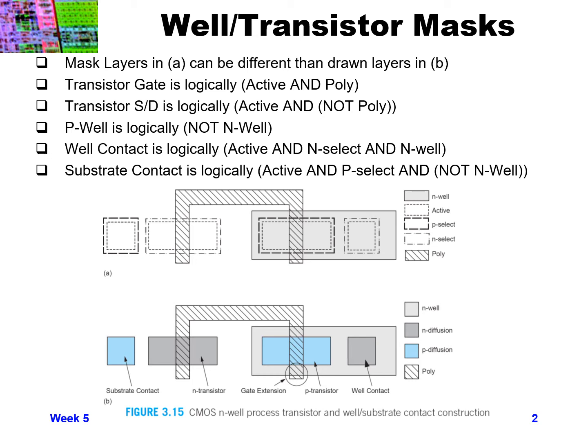So below in the figure, it's showing the mask layers that will get generated in A, whereas B shows the actual layers that you draw for your layout. You can see here that in your layout you might draw an N-well, N-diffusion, P-diffusion, and a poly layer.